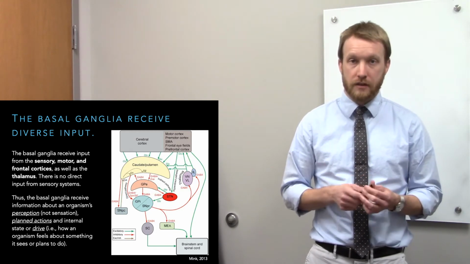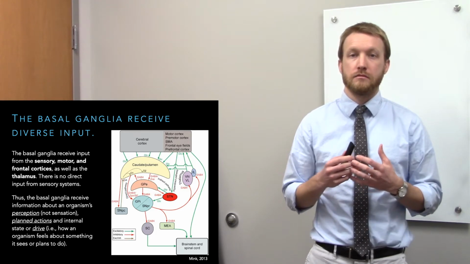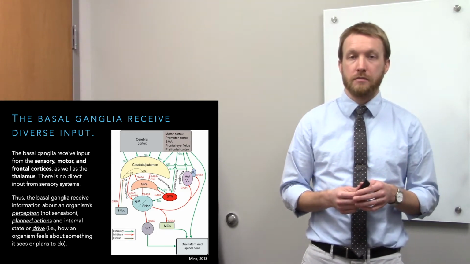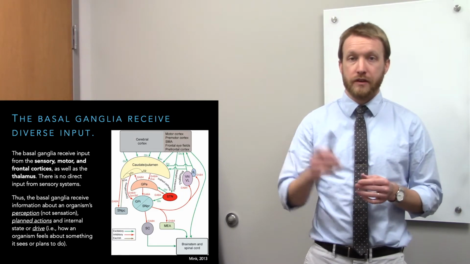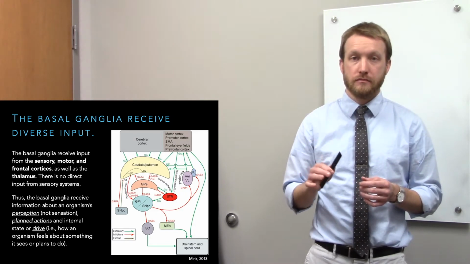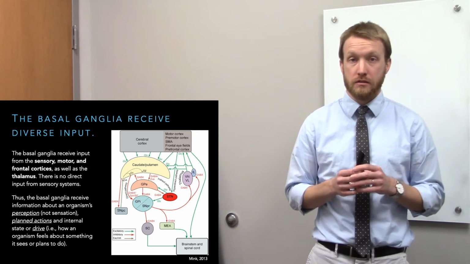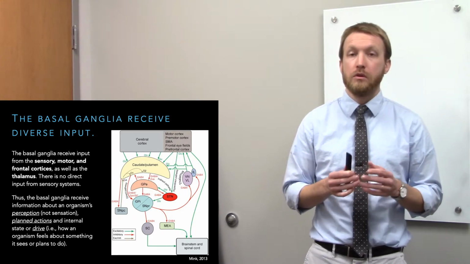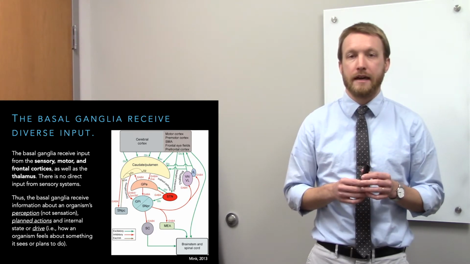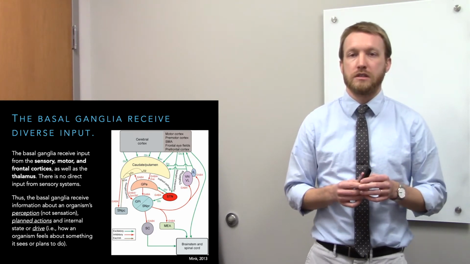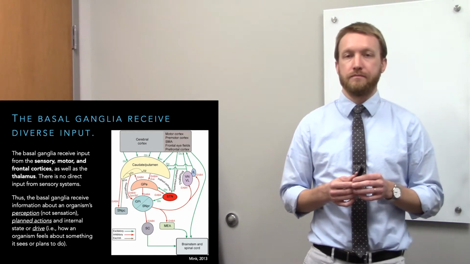Now, they don't get sensory input from the thalamus or anything like that. They get our perceptions from the cortex, so fairly high level information. What do we think is going on, in other words? There will be input from the thalamus, but that's going to be from the intralaminar nuclei, and that's just going to diffusely stimulate the striatum.